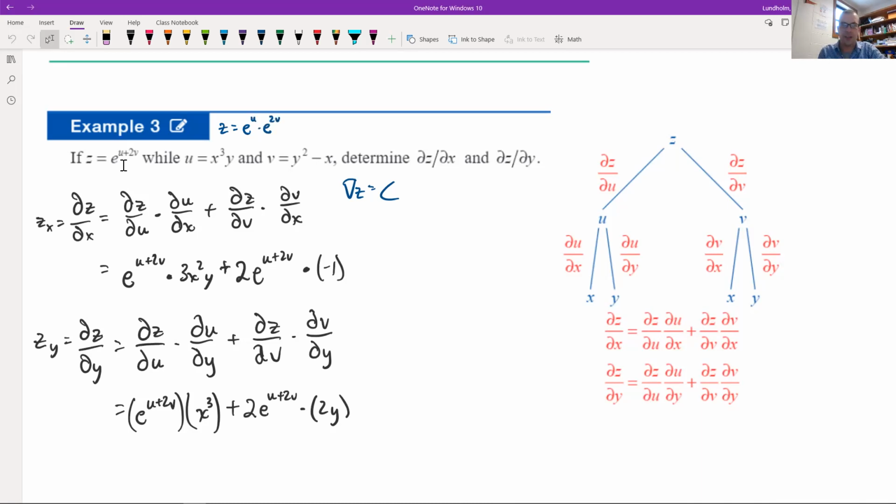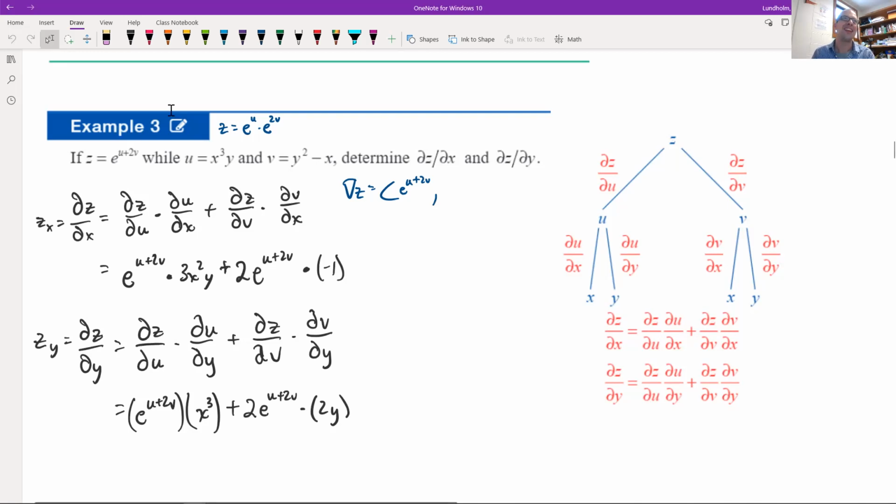I think that'll make things clearer. That's just a property of exponents, right? When we're doing the partial derivative with respect to u, we're taking the derivative of this with respect to u, which is just e to the u, and this just comes along for the ride. So it's still going to be e to the u plus 2v for that partial derivative of z with respect to u.